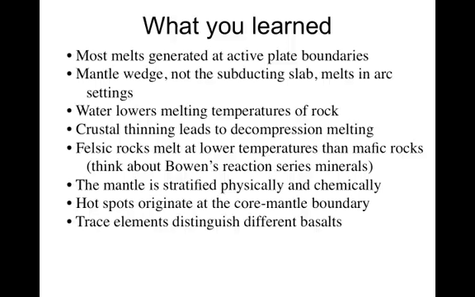And you should remember that the felsic minerals on Bowen's reaction series are crystallizing at lower temperatures than the mafic minerals. And if we turn that around, we can start to melt those felsic minerals, the quartz, the K-feldspars, at lower temperatures than the mafic minerals like hornblende, the pyroxenes, olivine. Those melt at higher temperatures.